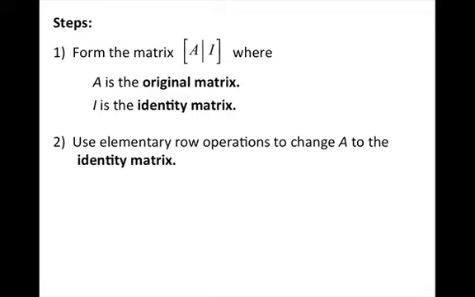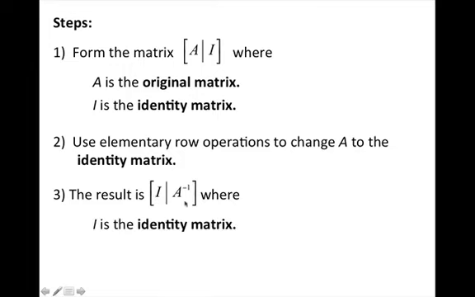Then we're going to use the row operations to change matrix A to the identity matrix, just like we did with Gauss-Jordan elimination. Once we change the first matrix to the identity, the second matrix becomes the inverse. So the result is [I | A inverse], where A inverse is the inverse for matrix A.